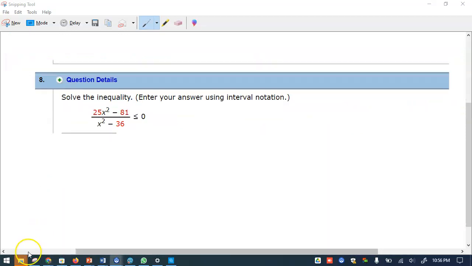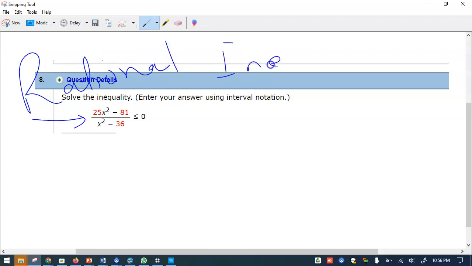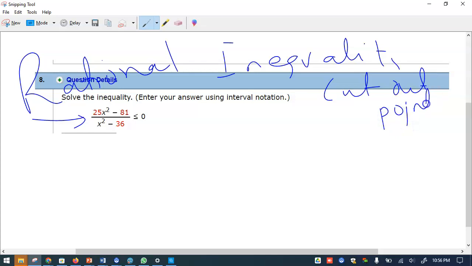Question number 8 is the one that we did in the class. Remember, this is a rational inequality. So we need to know the cutoff points, which means when the numerator is going to be 0 and when the denominator is going to be 0.